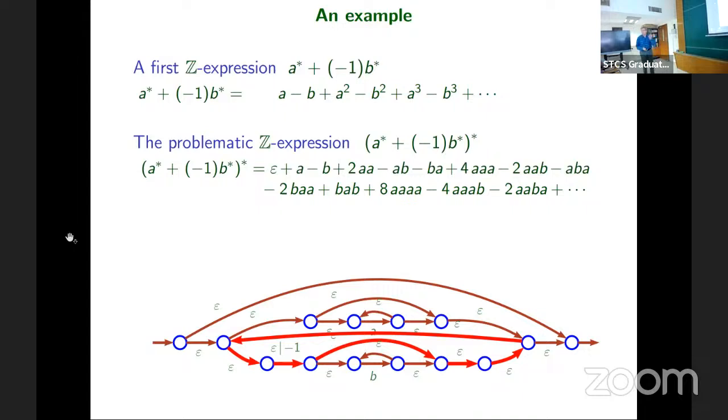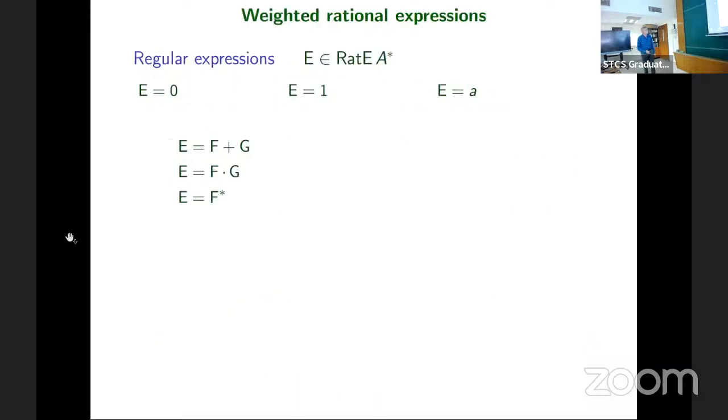So it means that the Thompson construction doesn't work for expressions with multiplicity, at least as soon as you have an element that can add to 0. Okay. So here we have to make the theory of this.